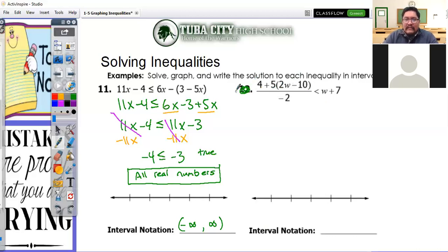It's there though. So I'm going to multiply everything by -2. Now this side I don't need to worry about because it's already grouped. Here I have to put parentheses because W and 7 should be grouped, because I'm multiplying everything by -2.